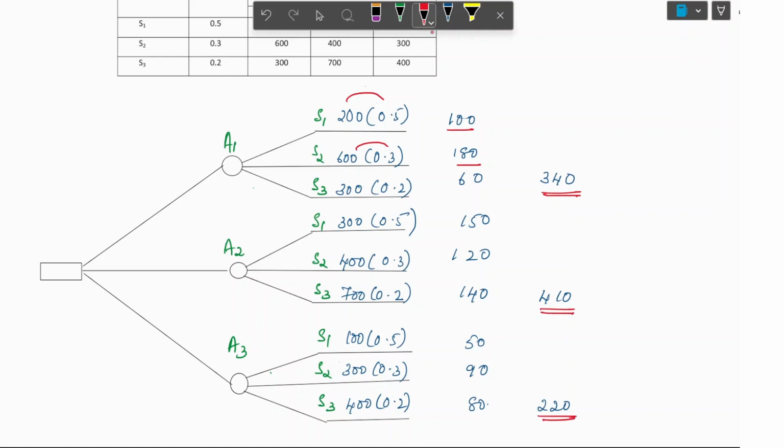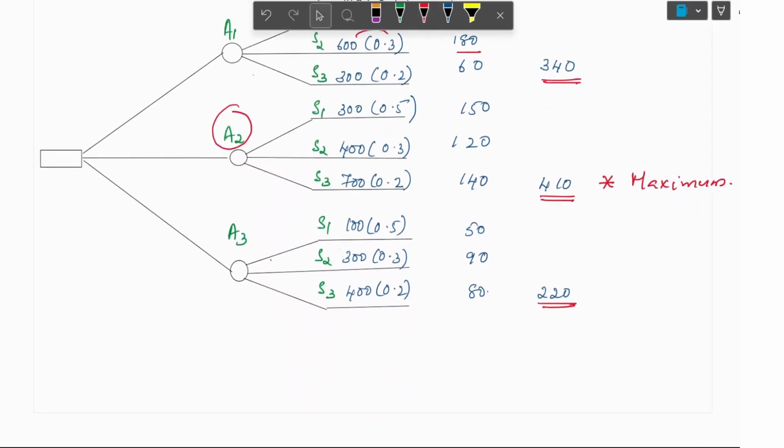Among these three values, the EMV of A1, A2, A3, which is maximum? 410 is maximum. Therefore, which course of action are you going to choose? That is A2. Therefore, here you can write: maximum EMV value, that is 410, for course of action A2.